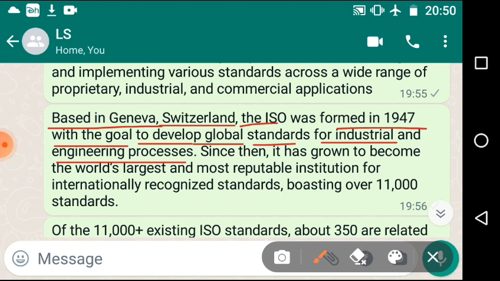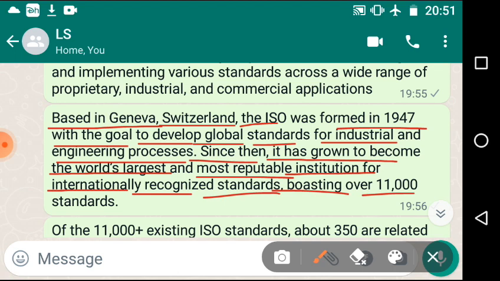The main goal of ISO is to develop global standards, global environmental standards set up for the industries and for the engineering process. So normally ISO's headquarters is at Geneva in Switzerland, and it was formed in 1947. The main goal of ISO is to develop environmentally global standards.